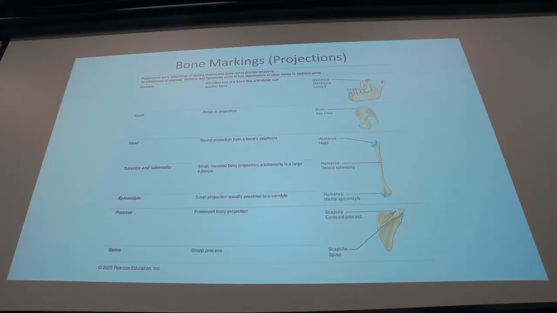Now, oftentimes the tuberosities are roughened, so they have a rough surface because a tendon inserts into there. So, examples of tuberosities, we have it here in the middle of this bone, the arm bone, which is the humerus. Laterally in the shaft, in the diaphysis, we have a tuberosity that's called deltoid tuberosity.